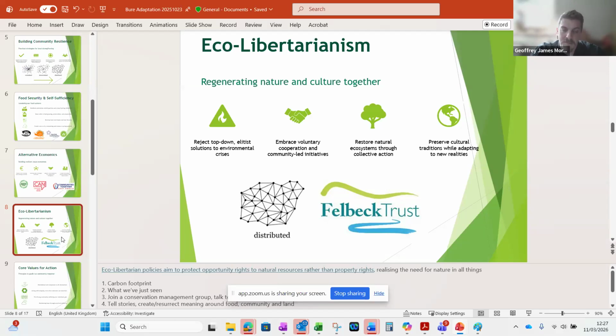That is not something that we can see very easily these days in England. It's easier to see in other countries, but we can recreate these things. We can borrow with pride from other cultures that have these ways of understanding the earth that they're standing on, and we can tell stories and create new stories, which is critical for creating meaning out of the issues that are coming down the line.